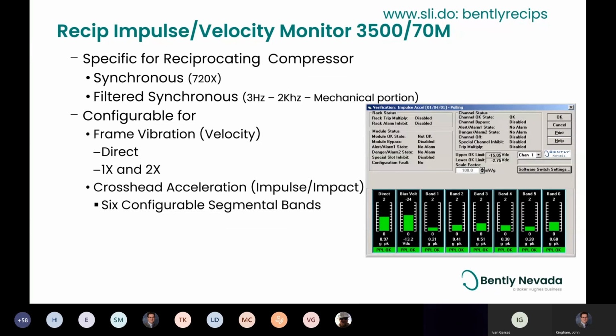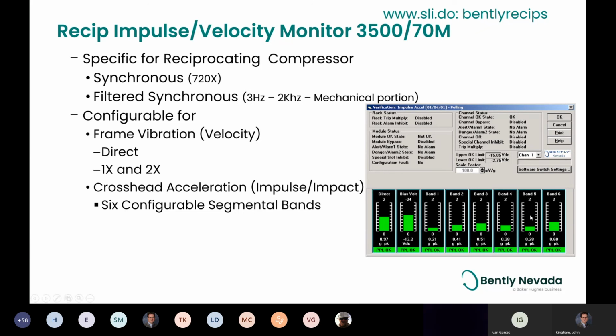Bands 3 and 4 are designed to help you detect looseness in your running gear. So your crosshead, or maybe you have a loose nut on your piston, something like that. So they are going to be typically set up for, I believe it's 20 to 55 degrees and 200 to 235 degrees.